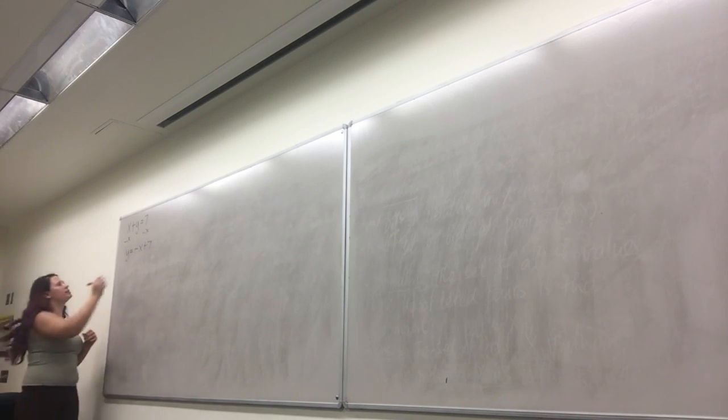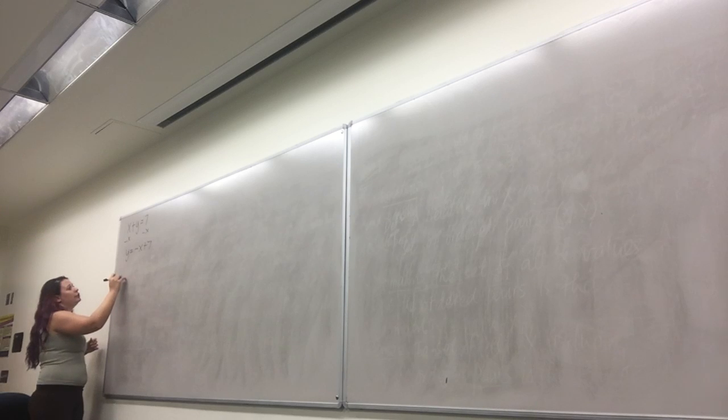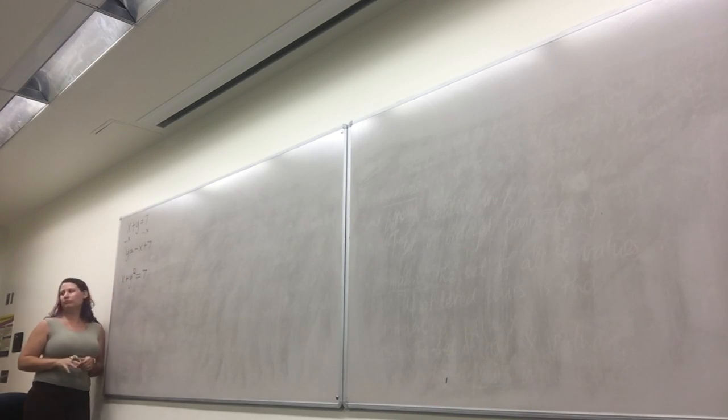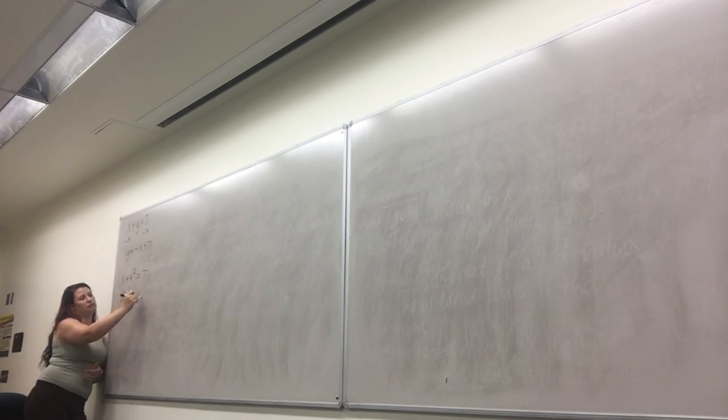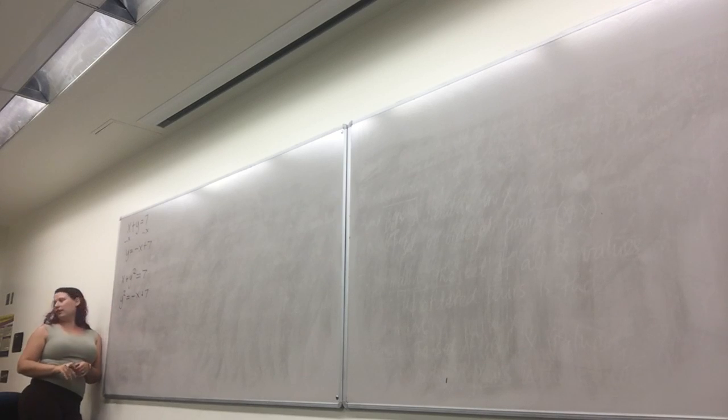Maybe it'll make sense if we have x plus y squared equals 7. Let's try to solve this for y. What would we do here? Subtract x again. It didn't really change too much, just the y squared. So we still have negative x plus 7, but it's not just y. How do we get it to be just y?